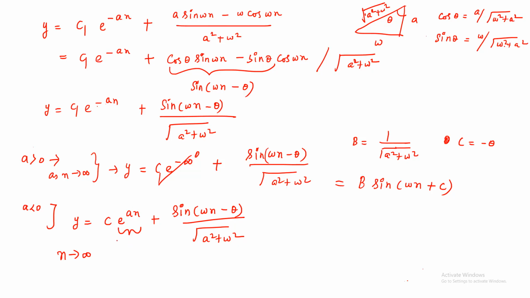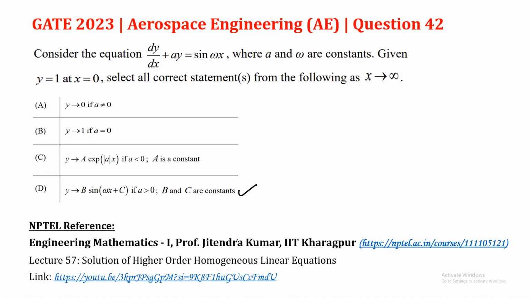So compared to this, the other term becomes very small, and then we can say y will tend to C1 e power Ax as x tends to infinity and A is less than 0, right? If we take C1 to be a, then we will get the option of this form, right? So hence both C and D are the correct answer to this question, right?